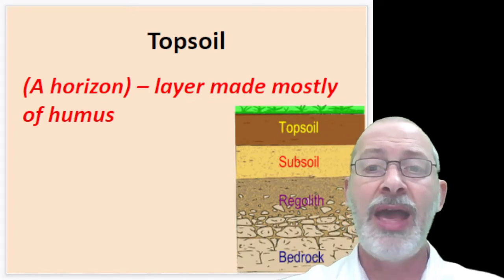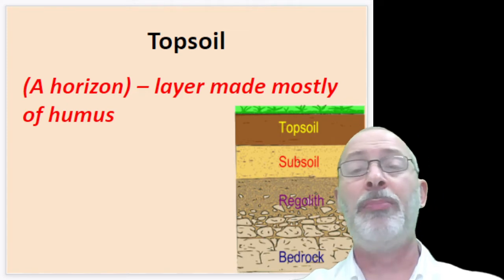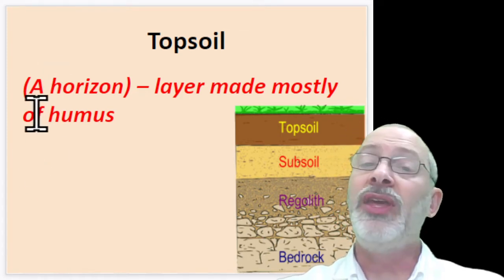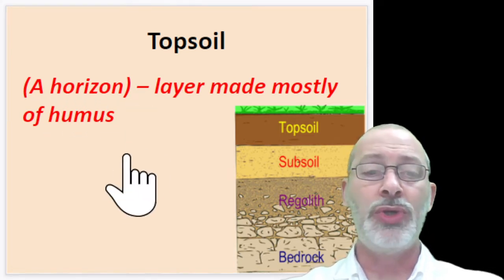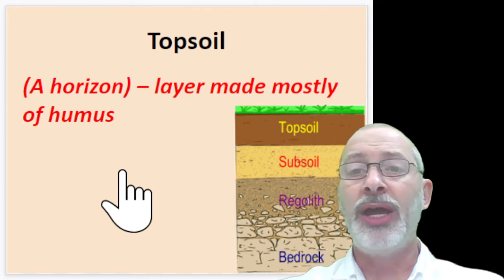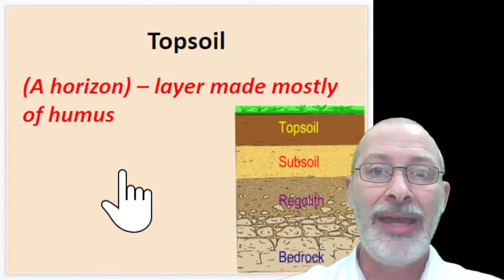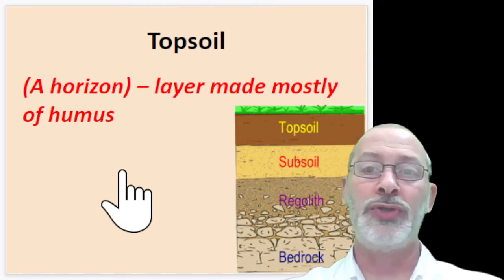So let's examine each of these horizons, starting at the top and working our way down, beginning with the A horizon. The A horizon, which is typically right under the debris layer where all of the rotting leaves and vegetation and animals might be.